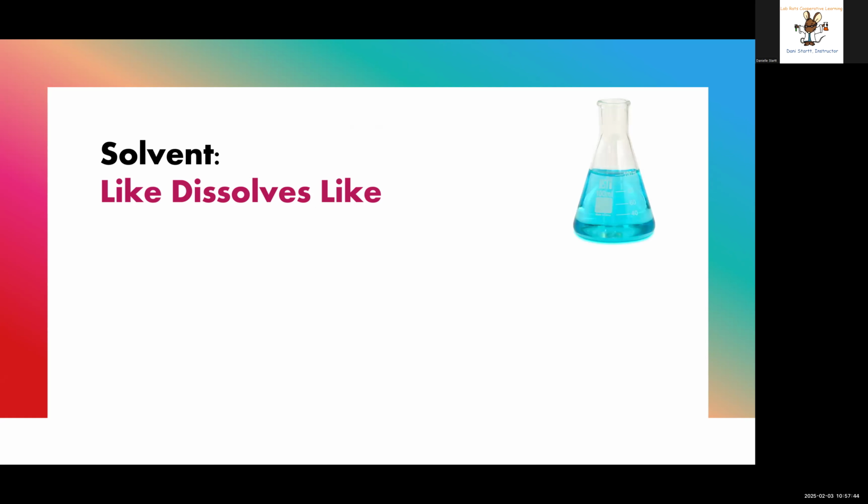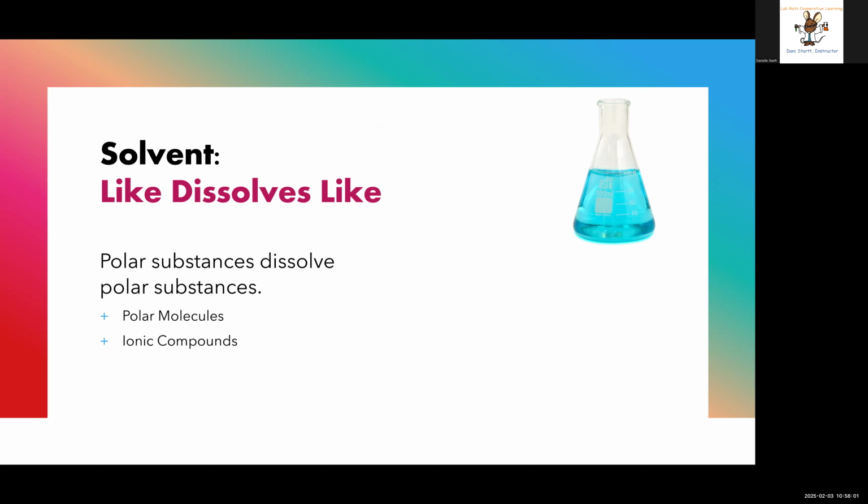Okay, solvents. How does solvent affect solubility? Like dissolves like. That's something to remember and memorize. What do I mean by that? Polar substances dissolve polar substances. That means polar molecules can dissolve ionic compounds.